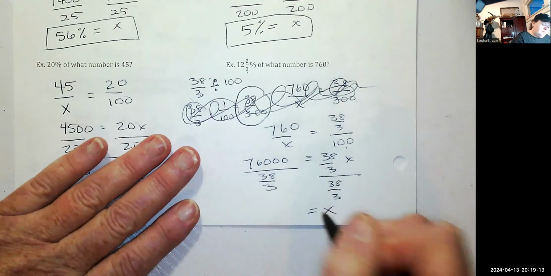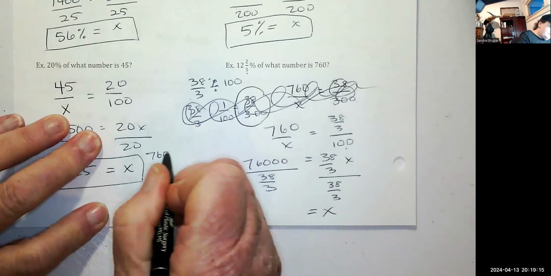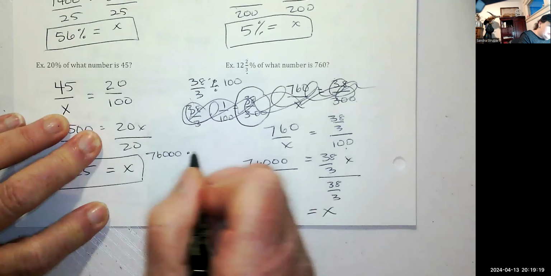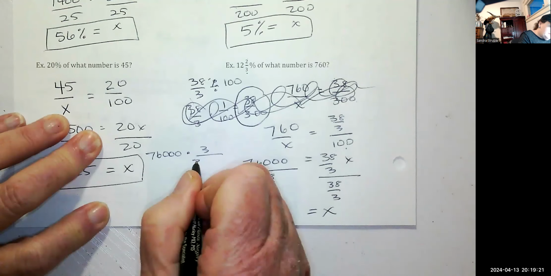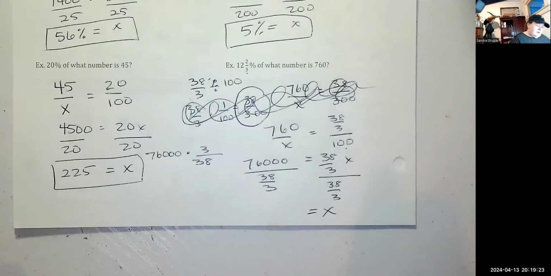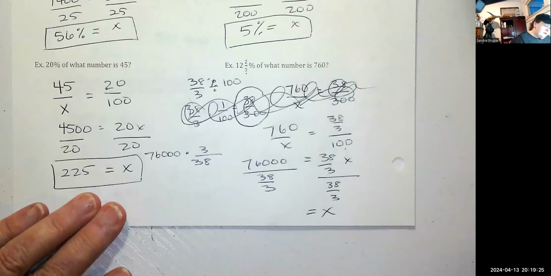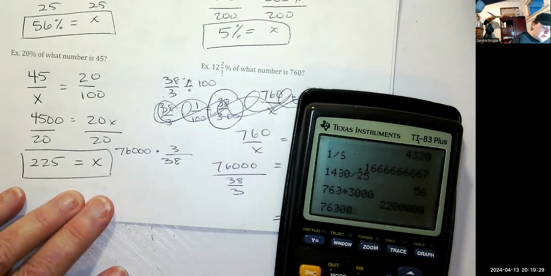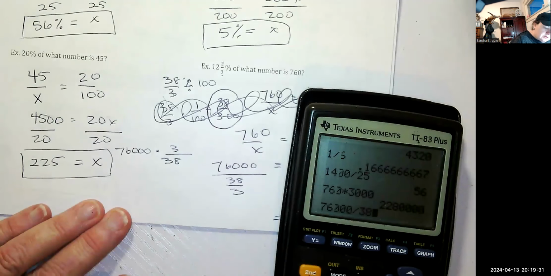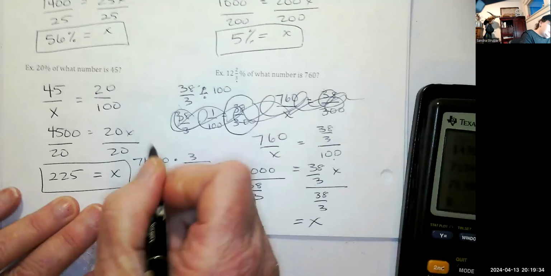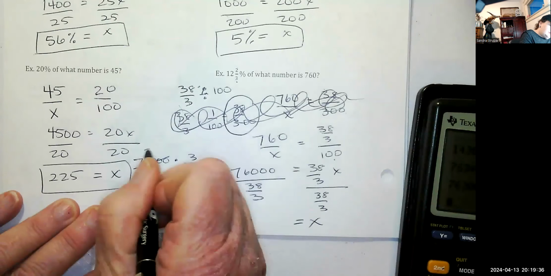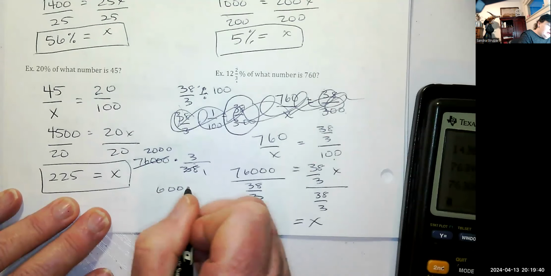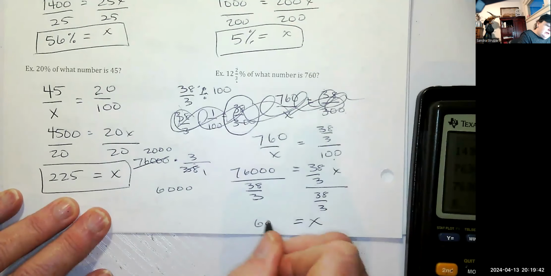And x will equal 76,000 divided by 38 over 3, so I'm going to keep, switch, and flip it. Then I'm going to reduce, let's see, 76,000 divided by 38. Oh, heck yeah, they reduce to 1 and 2,000. 2,000 times 3 is 6,000, and that is my answer.